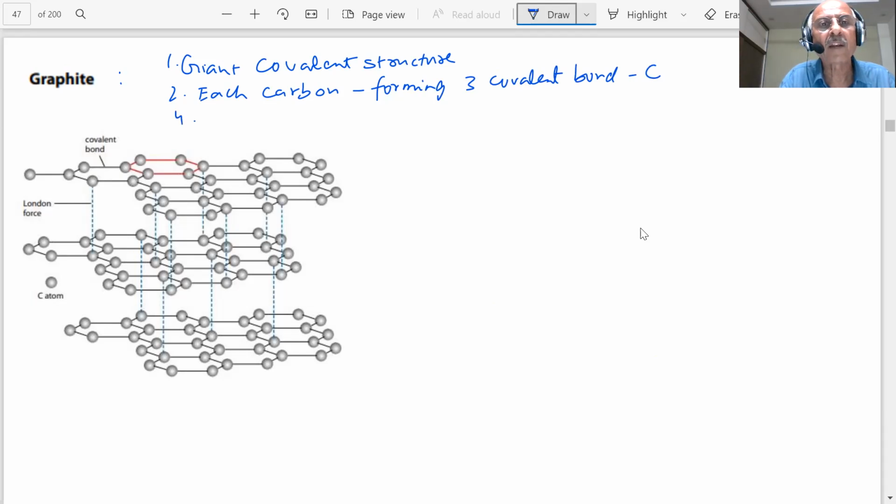You can see three bonds, and one electron is left unused in each carbon.